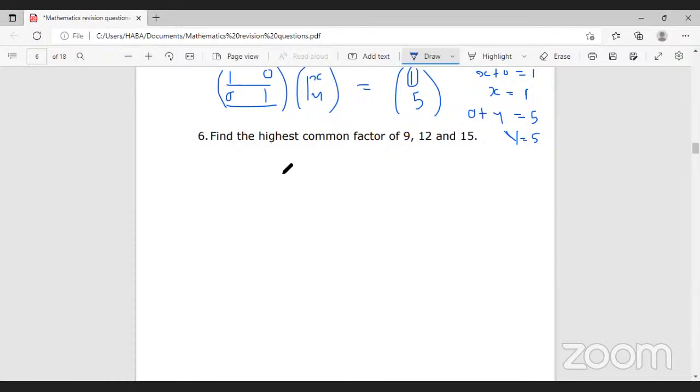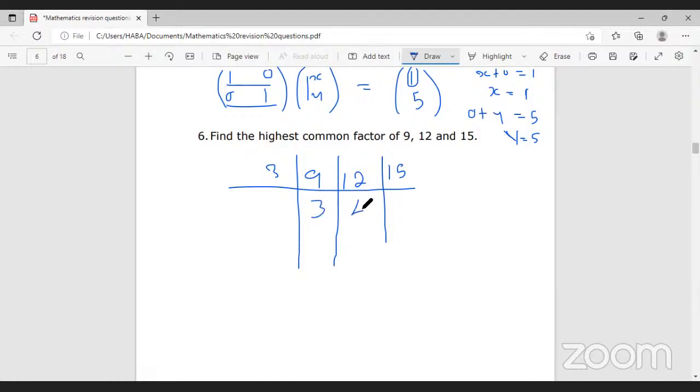Let me write as you tell me what to do. I know we begin by drawing a simple table like this. We put 9, 12, and 15. So what do we do to find the highest common factor? We divide by 3. We get 3, 4, 5.